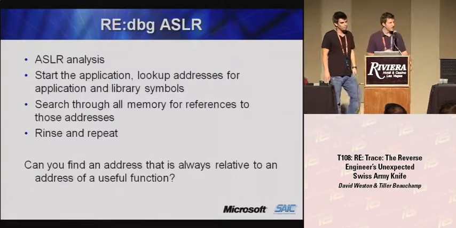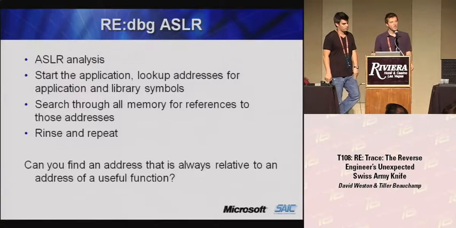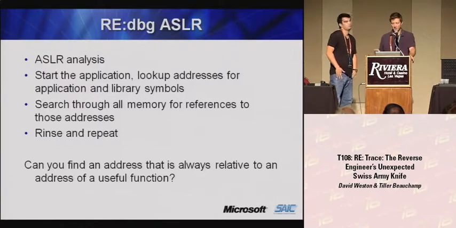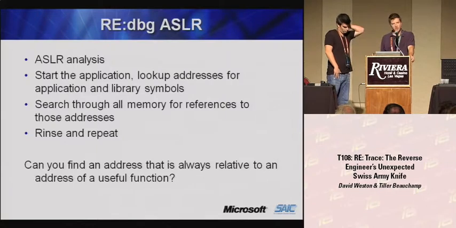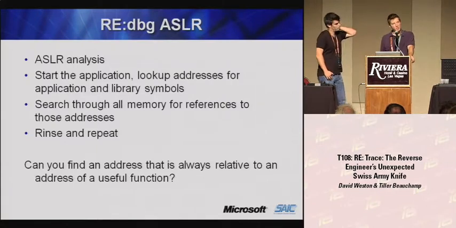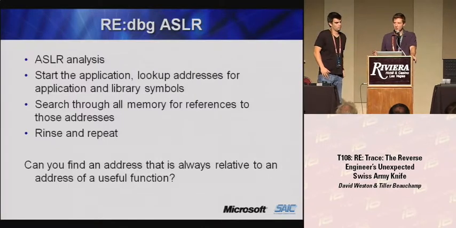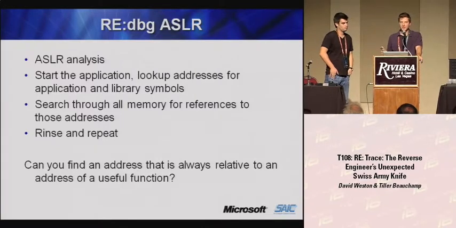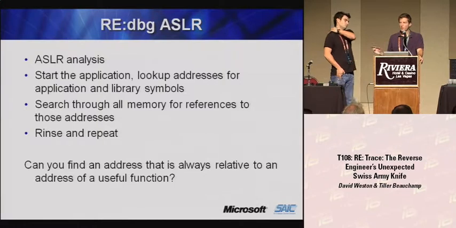All right, so here's another interesting idea, right? We know there's something funky with ASLR on OS X, and we may be interested in trying to analyze that. So one thing you might want to do is, you found a bug in an application, you're trying to figure out how the memory works so that you can use specific values in a return to libc style attack. So what you can do is start up the application and then do some symbol resolution to figure out what interesting functions you want to use are at what locations.